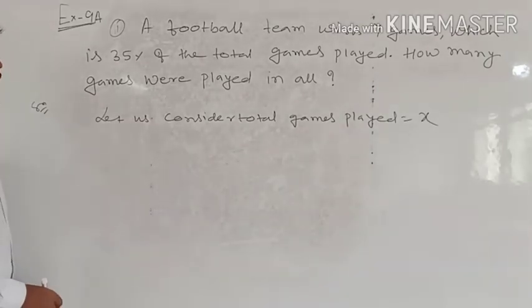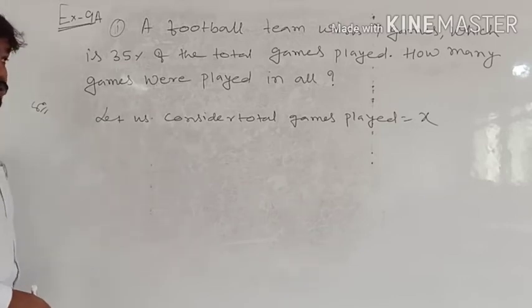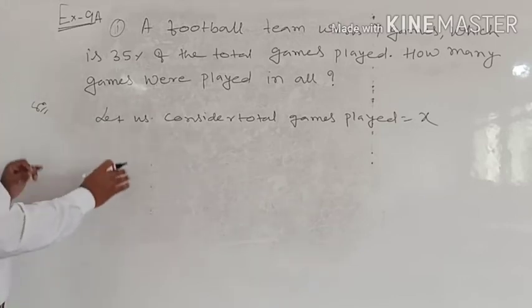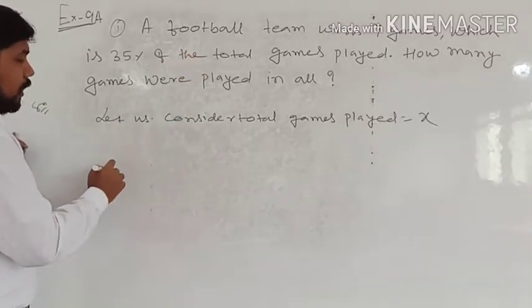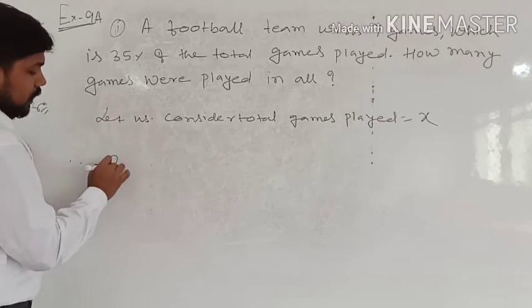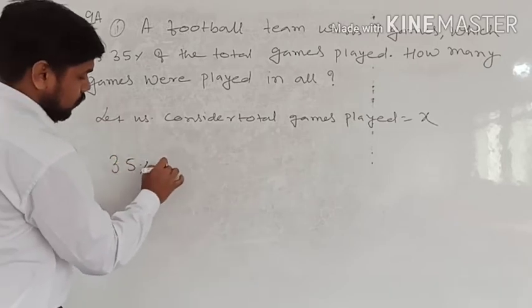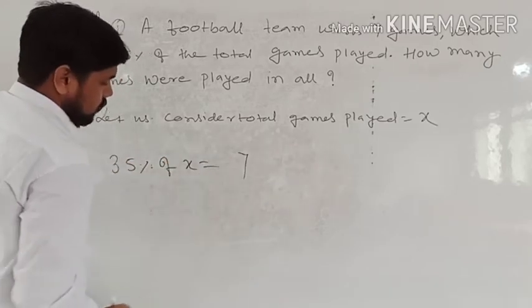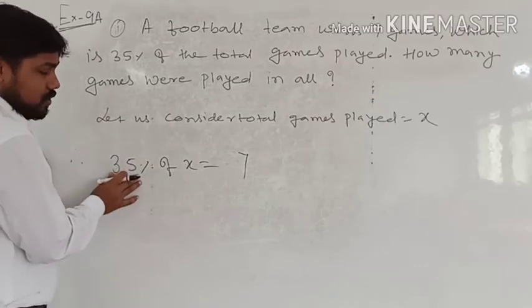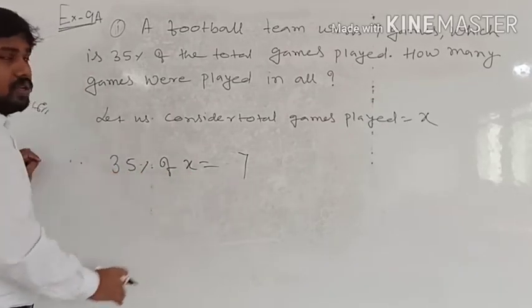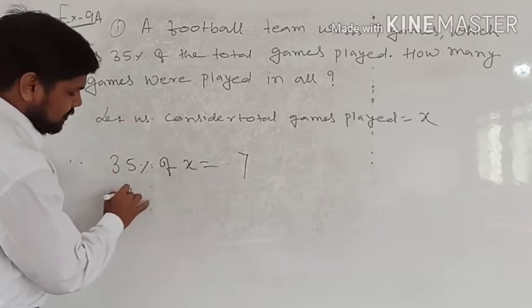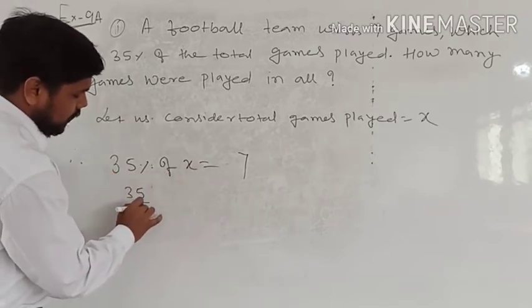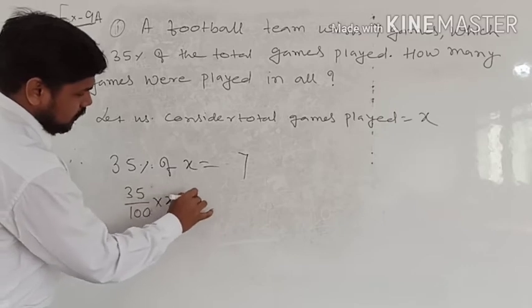So 35% of x is equal to 7, because 35% of the total games they won is 7 games. Okay, so 35% of x means 35 divided by 100 multiplied by x is equal to 7.